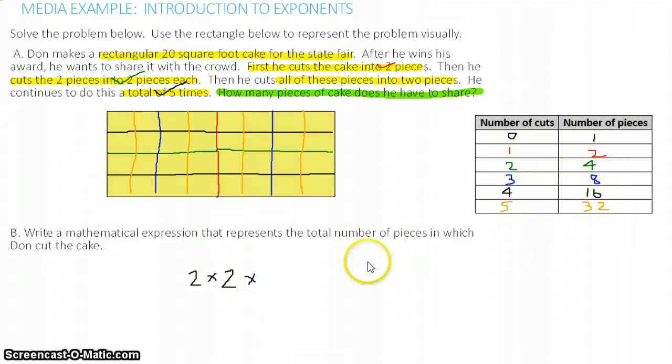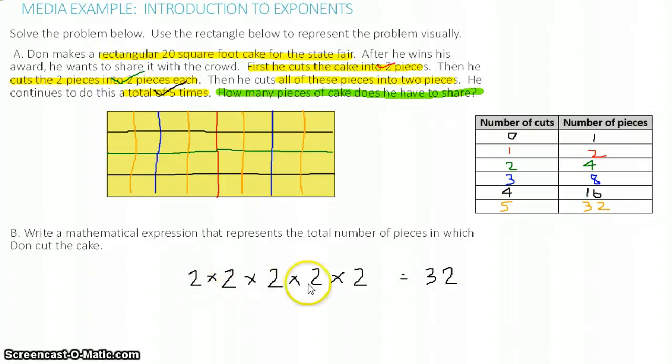From here to here we multiplied by 2. From 8 to 16 we multiplied by 2. And 16 to 32 we multiplied by 2. And when we multiplied this all out, we have 32.